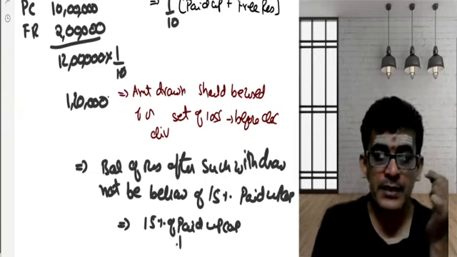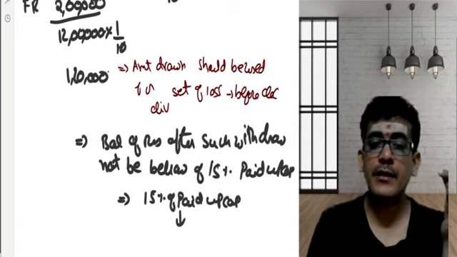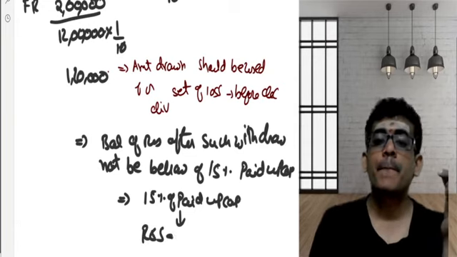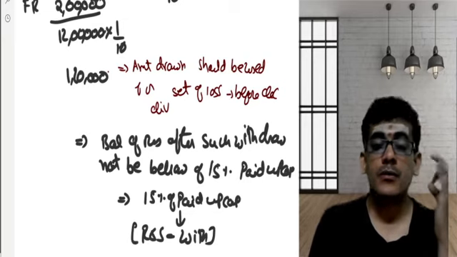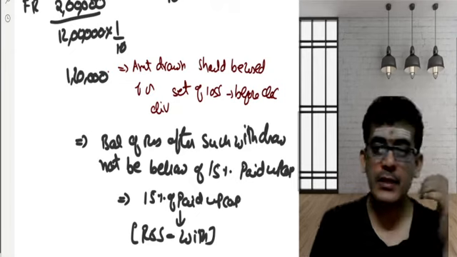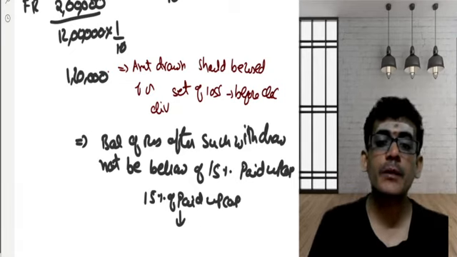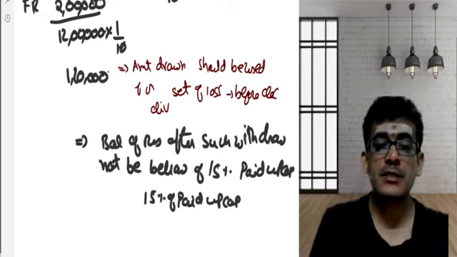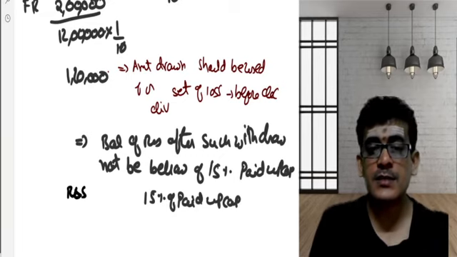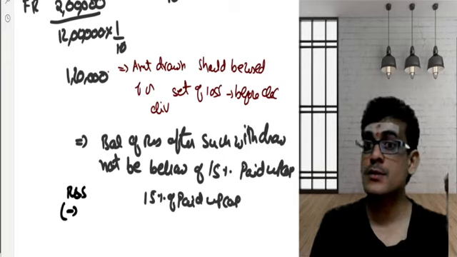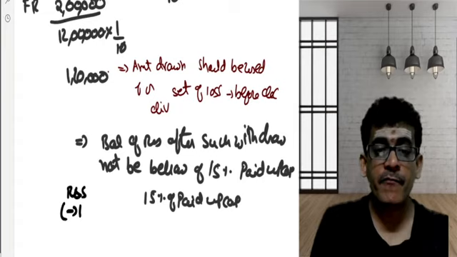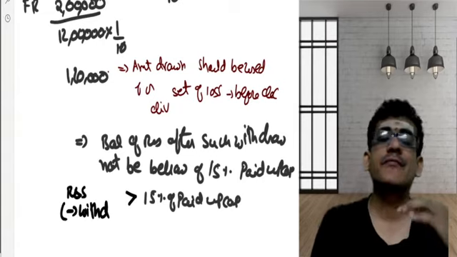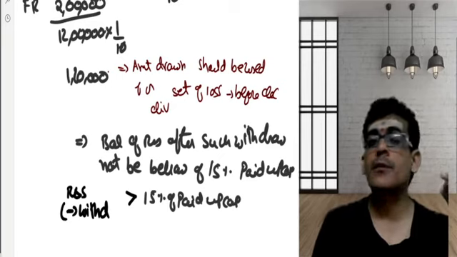You compare this 15% of capital with reserves and surplus minus reserve withdrawn. The condition says your reserves and surplus minus the amount withdrawn should always be greater than 15% of paid up capital.